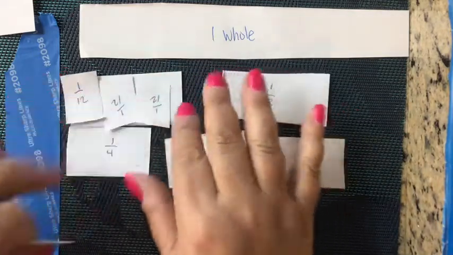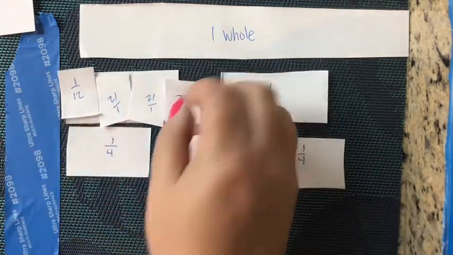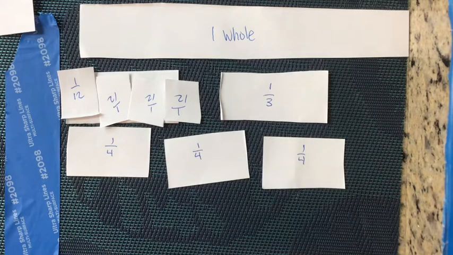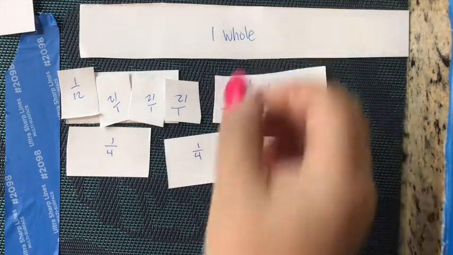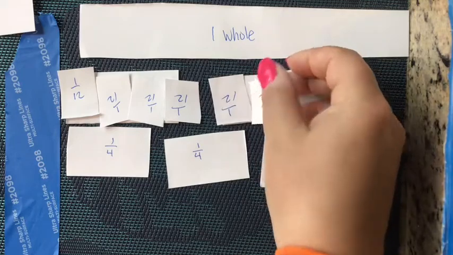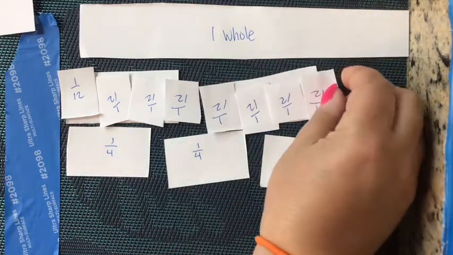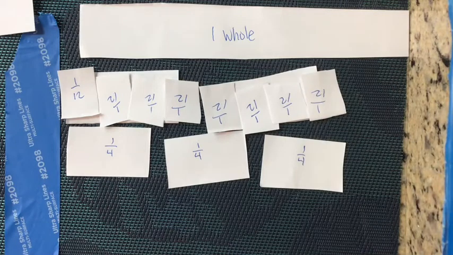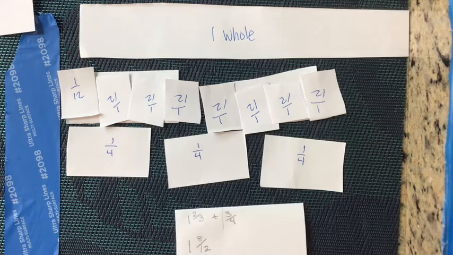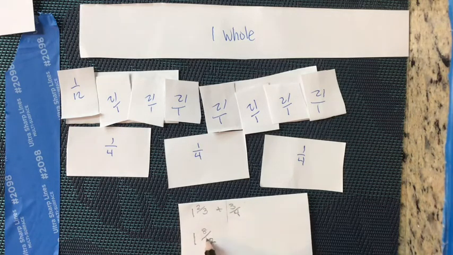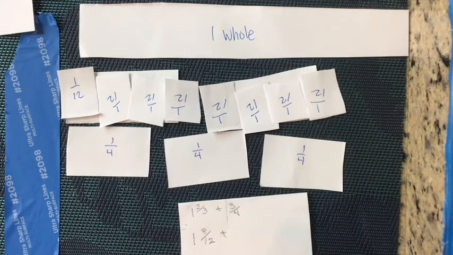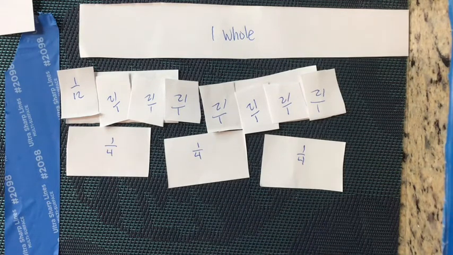These are not quite cut to par, but we've got our 3/4. 2/3 is going to be equal to 8/12. So this is the same as 1 8/12 plus, now we just want to figure out what we've got here.